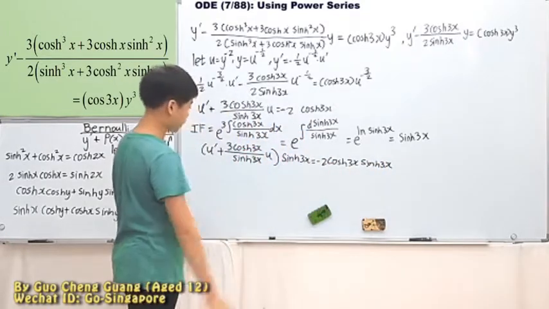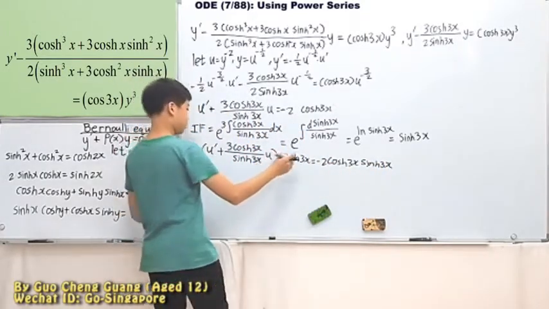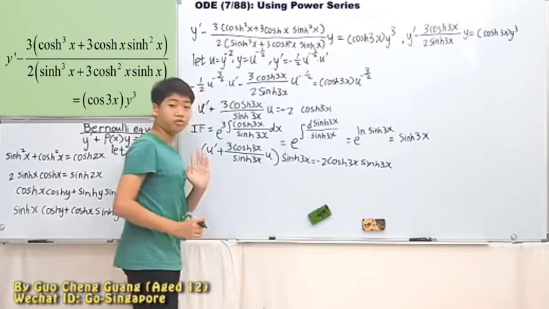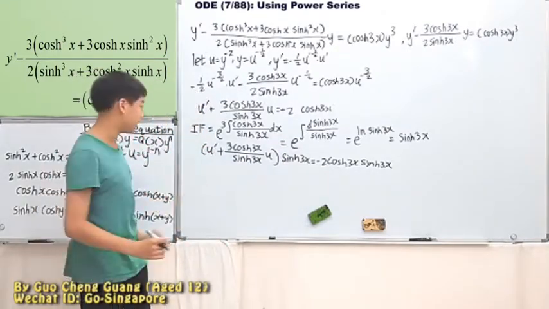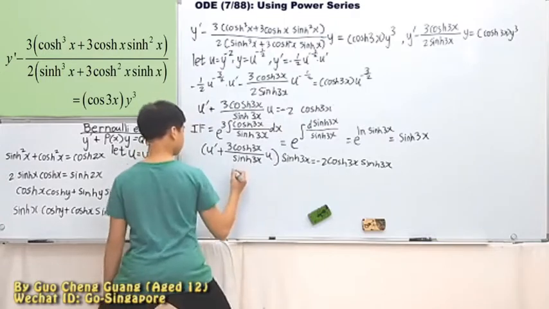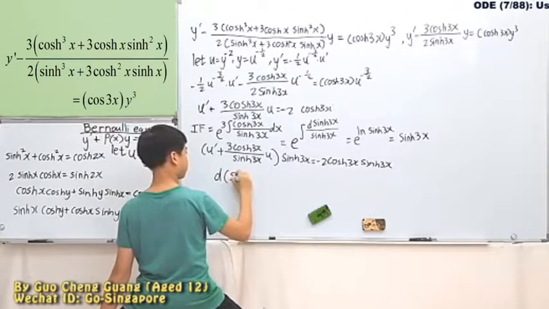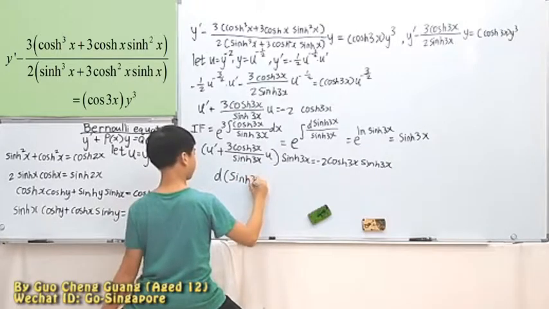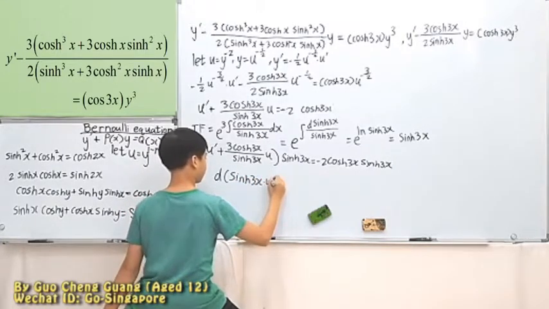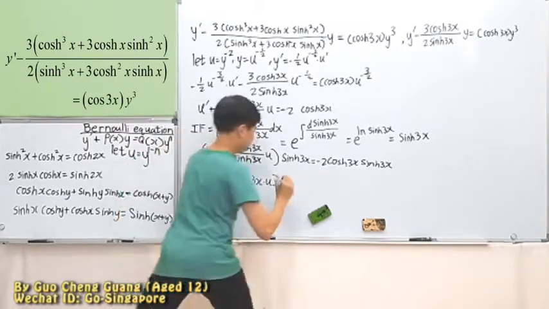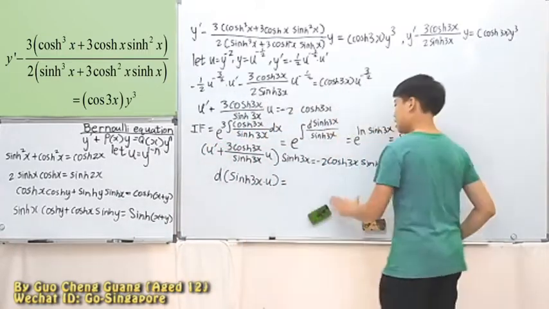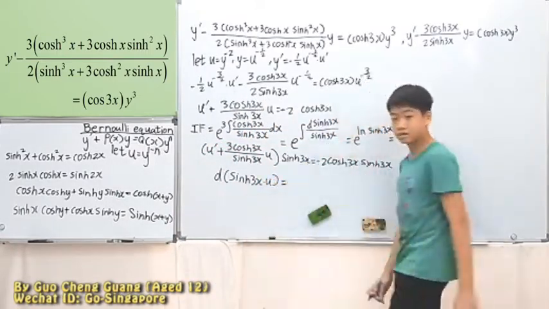So then this is what you get. For this part, you can first have total differentiation. Then this part, you have that dx.